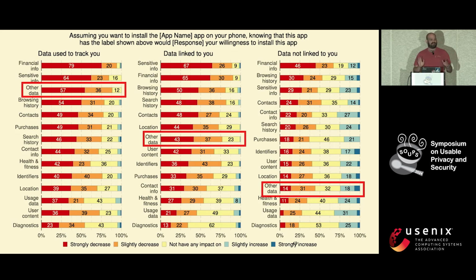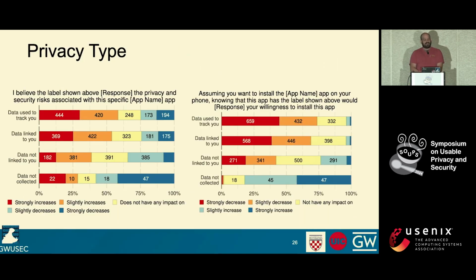I don't know what that other data is, but you don't know it's my other data. Whether or not that can be verified, it's kind of meaningless. But you do see this downward trend. And we actually see that when we look at the actual privacy types themselves. We also see a downward trend towards less concern, more willingness to install when you look at one of these apps.